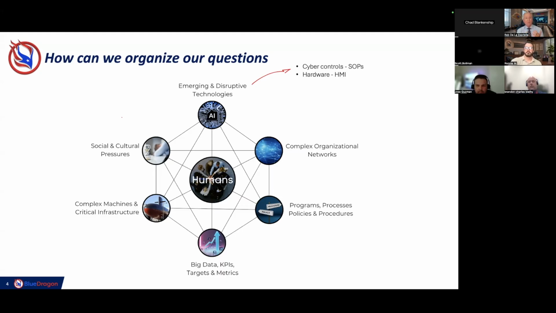So the physical hardware and other tools, equipment, that's going to go under HMI, human machine interface. So we have a section for hardware, and we have the requirements section, the defenses for cyber controls, which are usually programmatic, right? Or other requirements. So that's where that's going to go.